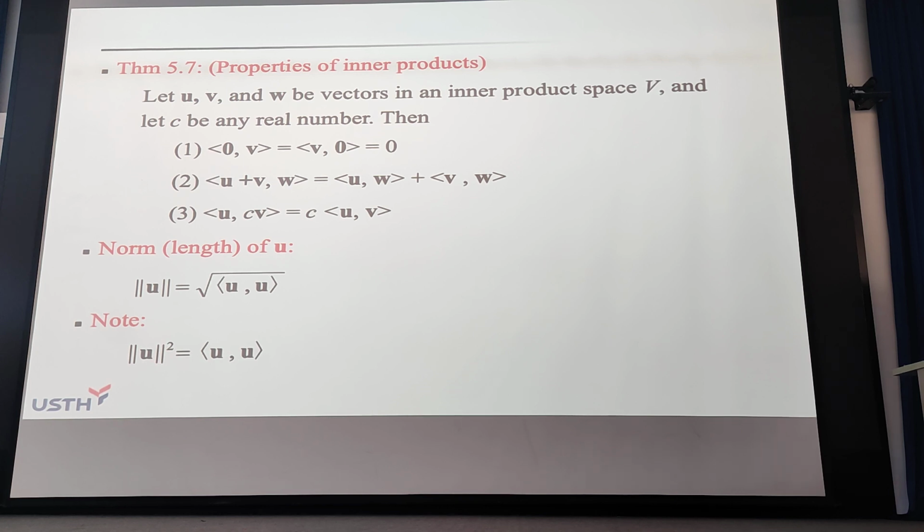And once again, in the general case, we usually call it the norm of a vector U, not the length. However, because the word length is quite familiar to us, I put it here: the norm of U or the length of U.